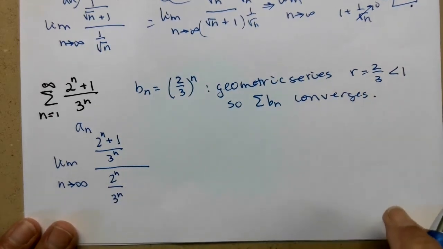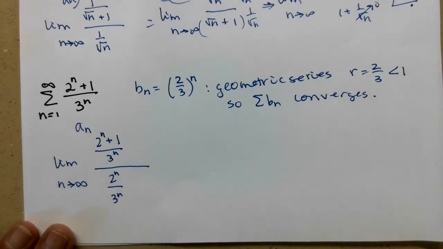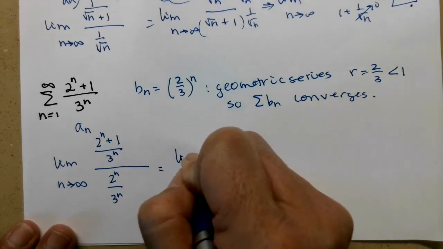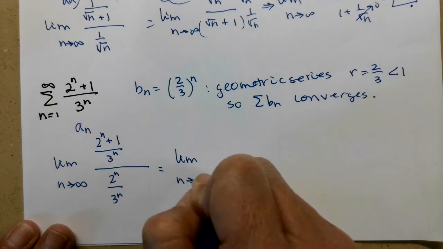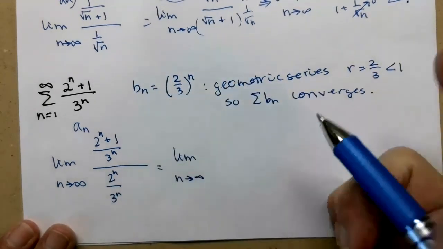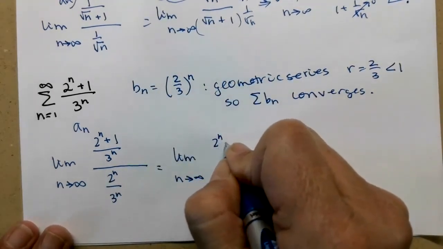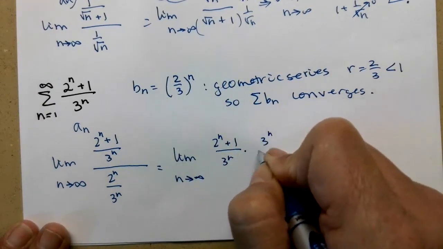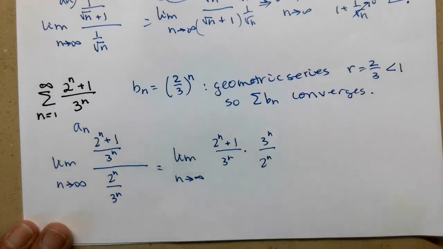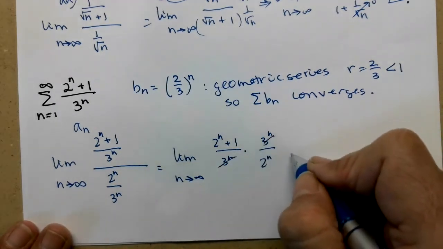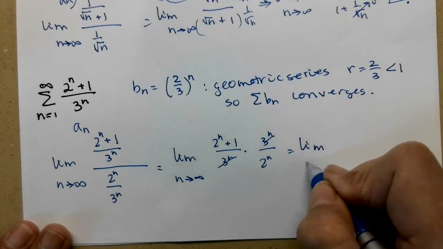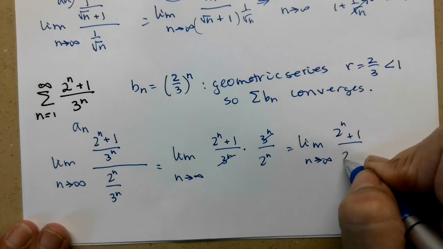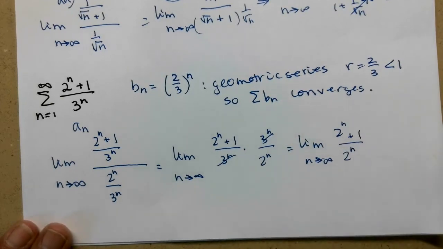As n gets big, this bottom fraction is going to flip and multiply. I'll write out the algebra: 2 to the n plus 1 over 3 to the n times 3 to the n over 2 to the n. My 3 to the n's can cancel. So now I'm taking the limit as n goes to infinity of 2 to the n plus 1 over 2 to the n.